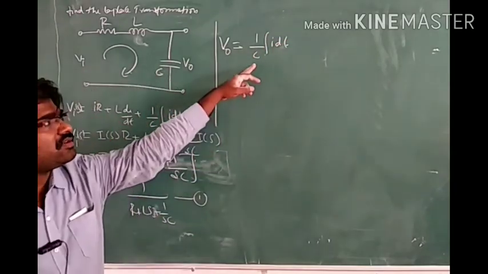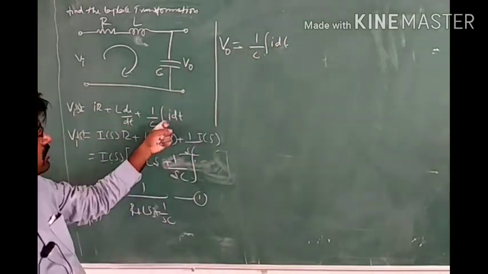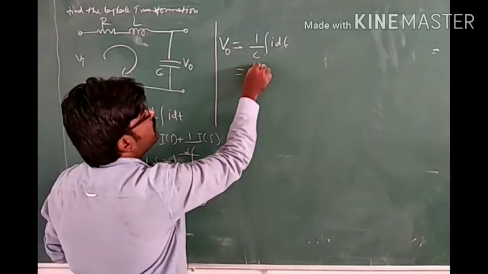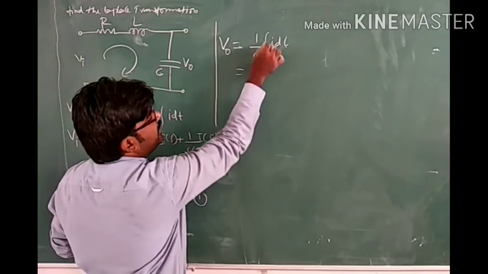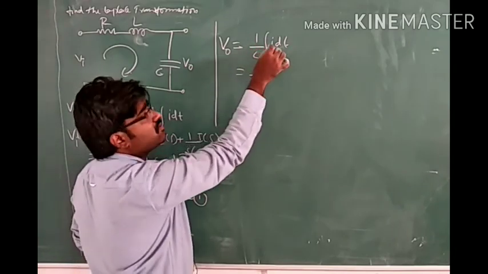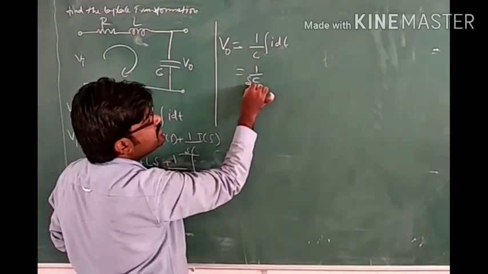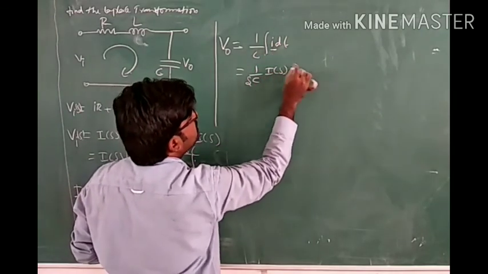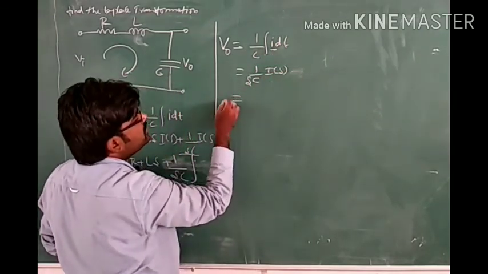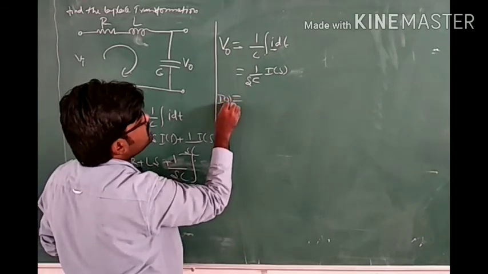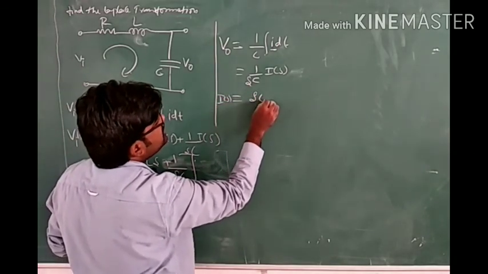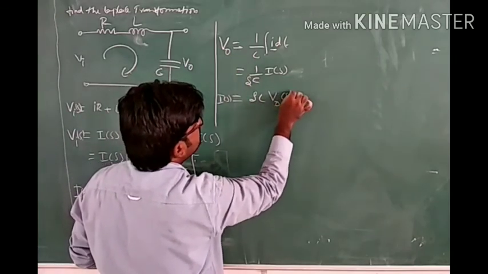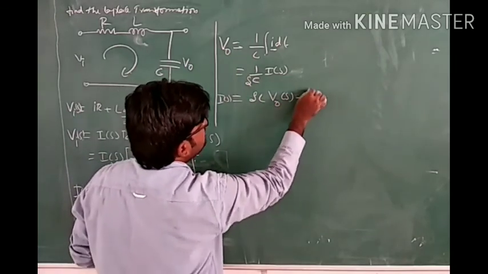The Laplace transformation of that is 1 by SC into I of S. 1 by C you write as it is, and the Laplace transformation of integration is 1 by S, and of I is I of S. Then write this equation in terms of I of S. Therefore I of S is equal to SC into V0 of S. This is its Laplace transformation. Name it as equation number 2.